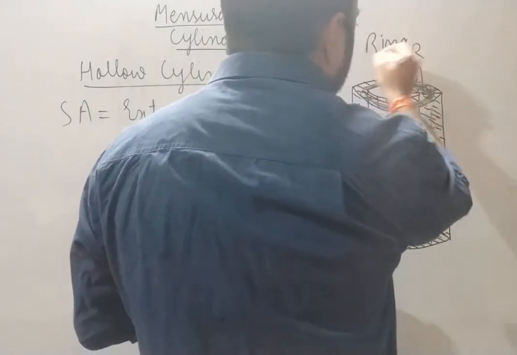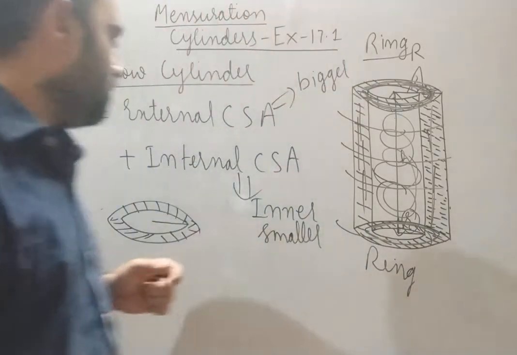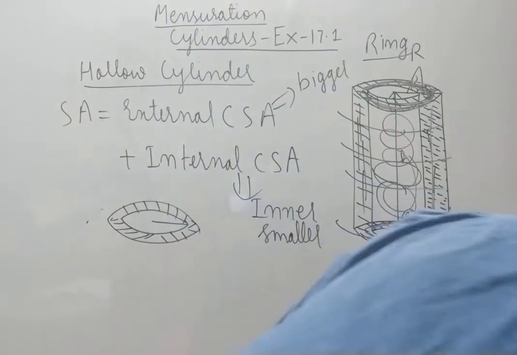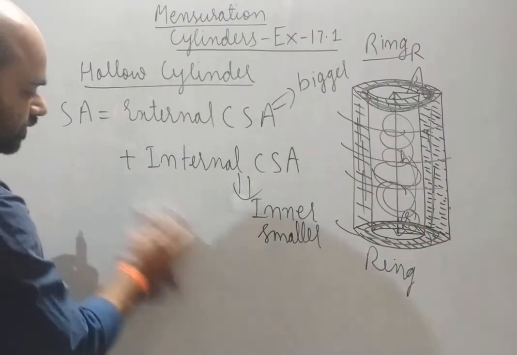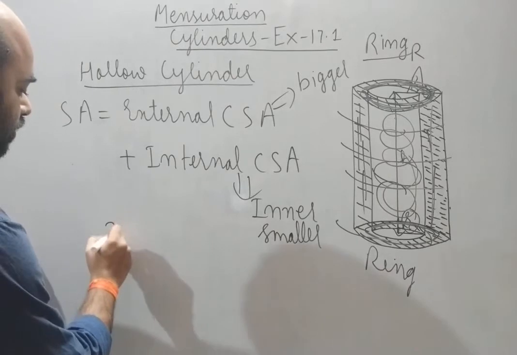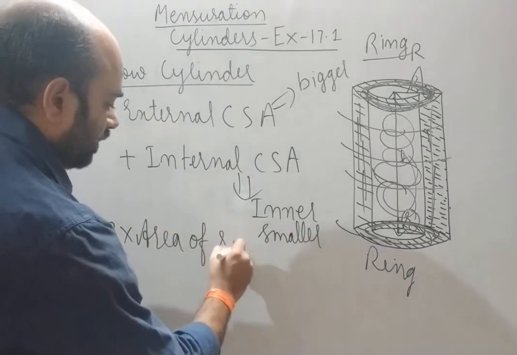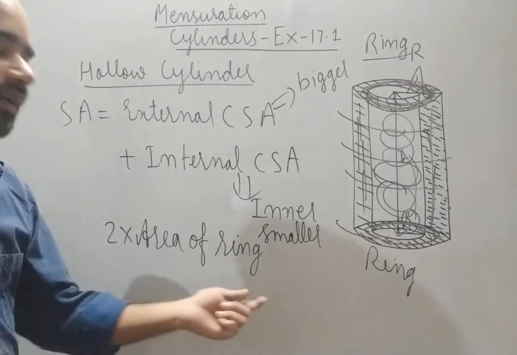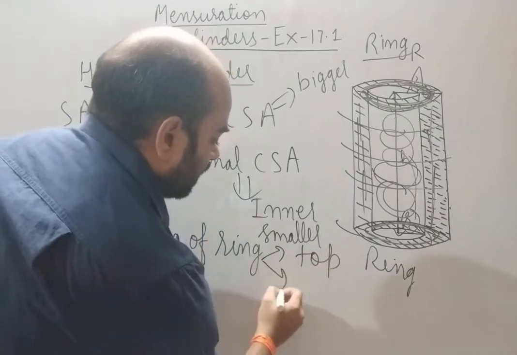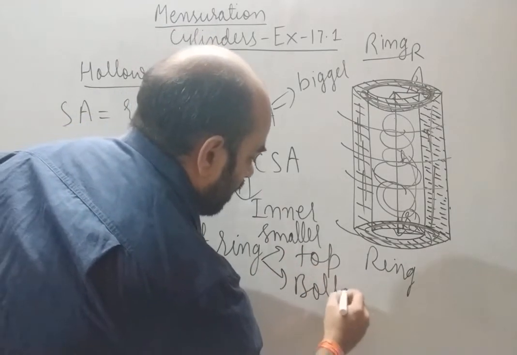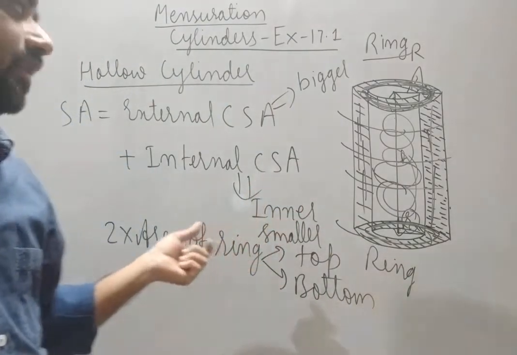It means a ring at top, a ring at bottom. It means four areas: external curved surface area, internal curved surface area plus 2 times the area of the ring, one ring at top and another at bottom. Correct?